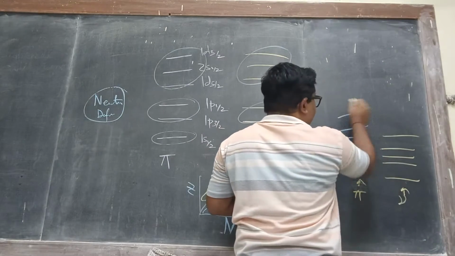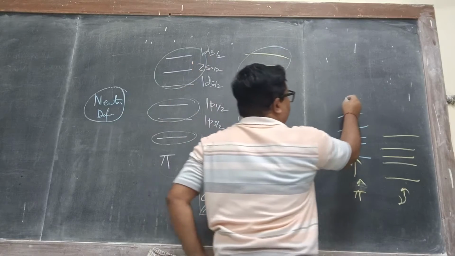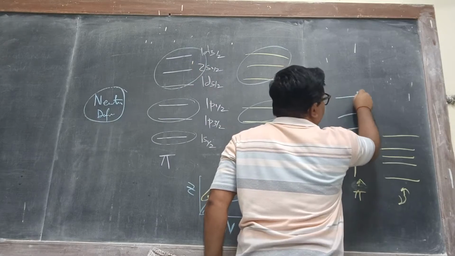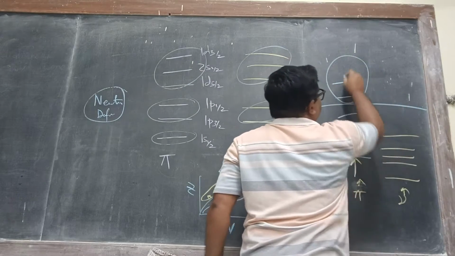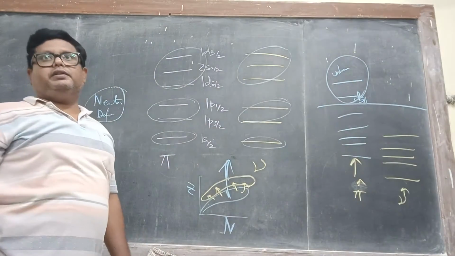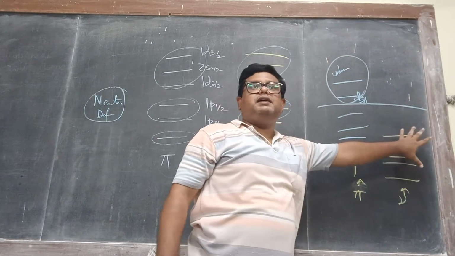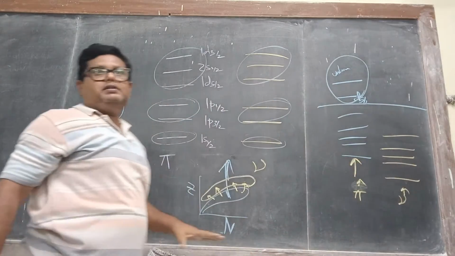Very soon some of the levels, say what is above 1d3/2, there will be say some d5/2 level. This will become unbound. So all the levels above will start becoming unbound. Previously they were all bound together, but now some of them will become unbound, whereas other of the proton orbitals are bound.